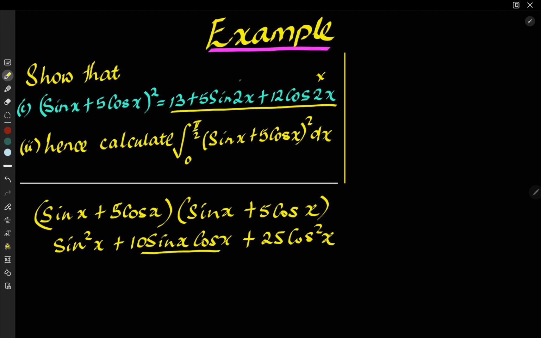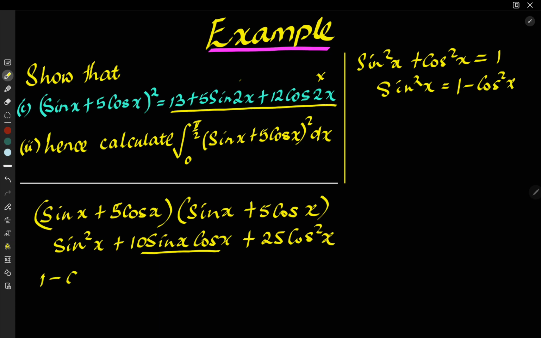To convert that sin squared, remember we use the identity sin squared x plus cos squared x is equal to 1. We can say sin squared x is equal to 1 minus cos squared x. So we substitute that: for sin squared x, that will be (1 − cos squared x), then plus 10 sin x cos x, then plus 25 cos squared x.